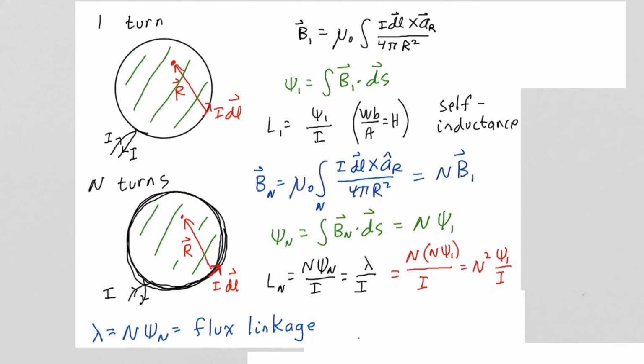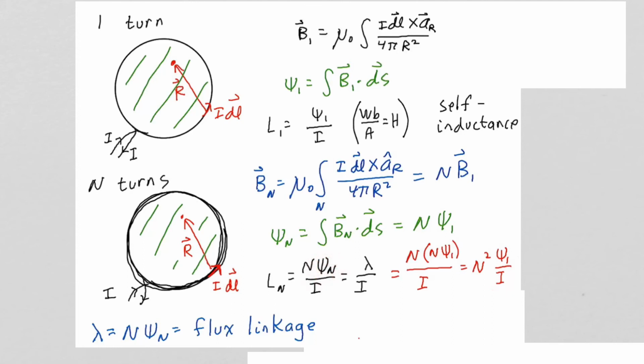It will be straightforward to show this experimental observation when we talk about electromagnetic induction. This product of the number of turns times the total magnetic flux inside our n-turn coil is given the symbol lambda and is referred to as flux linkage.